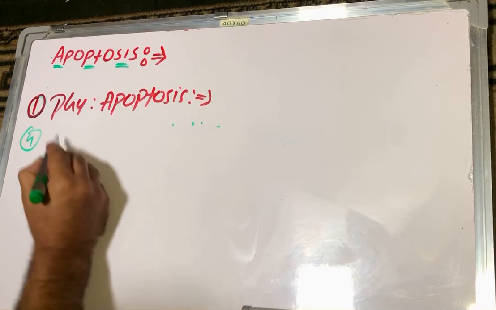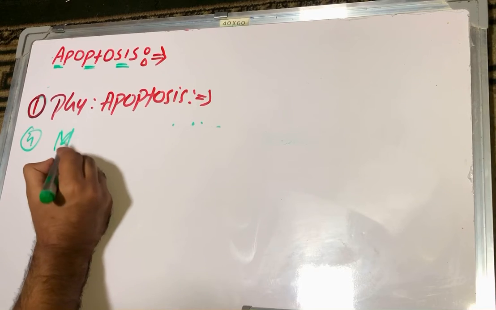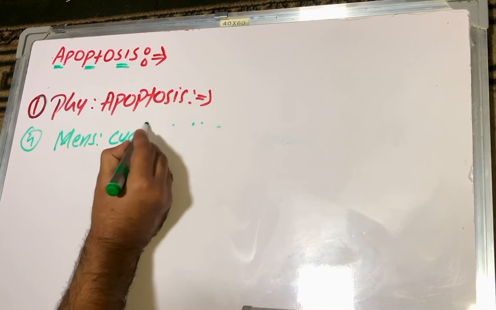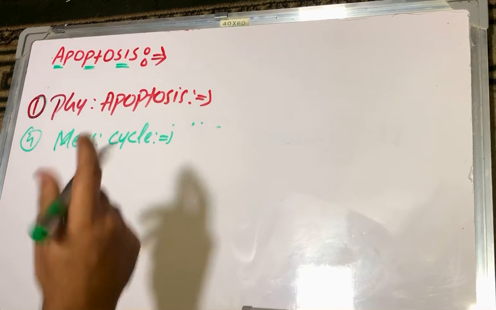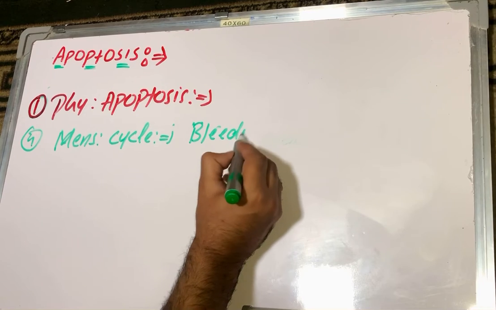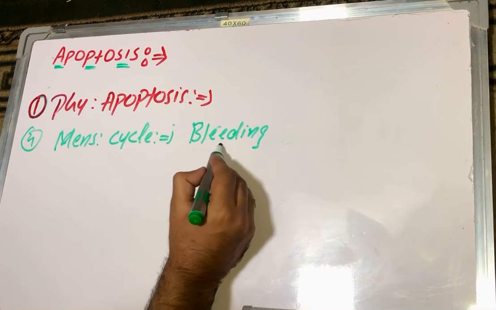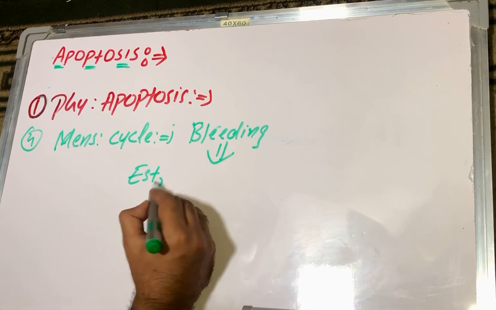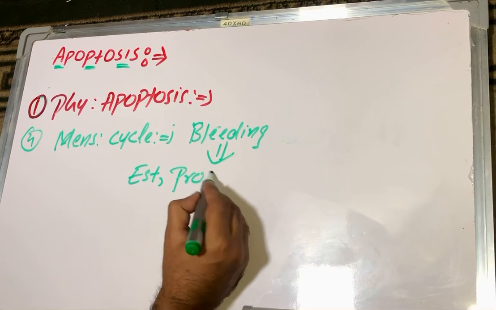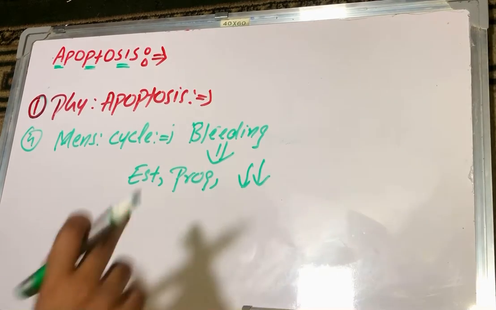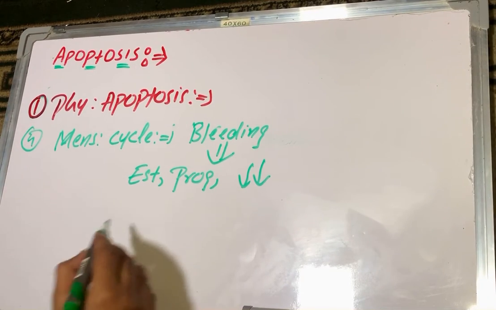Number fourth, during the menstrual cycle. Just before the menstrual bleeding, estrogen and progesterone levels decrease.